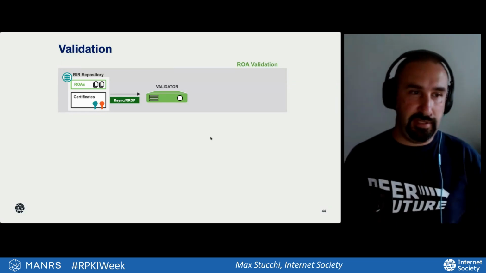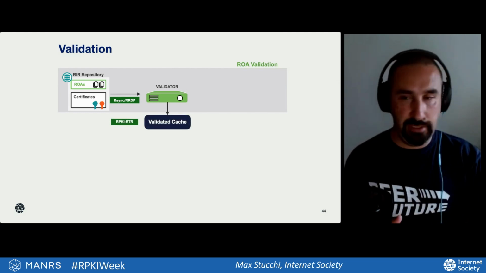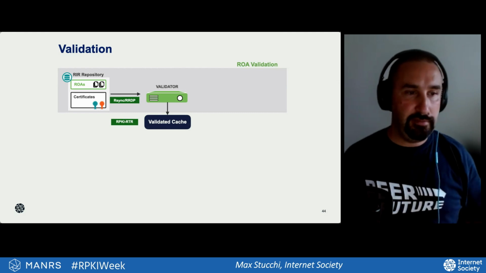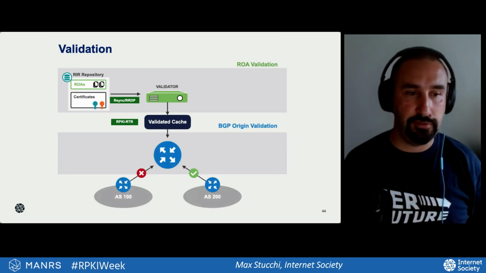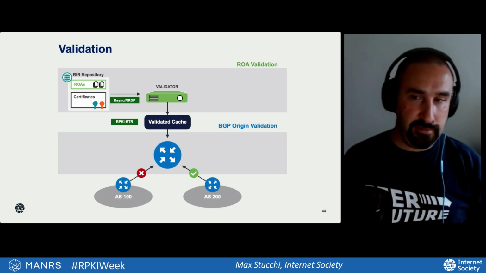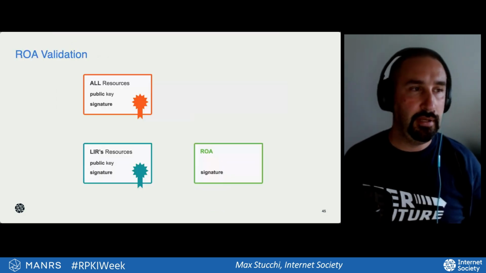So we get all this data to the validator. The validator creates the validated cache by looking at the certificates, by looking at the keys. And then via RPKI RTR, this goes to the router. And then the router defines what's valid and what's invalid.